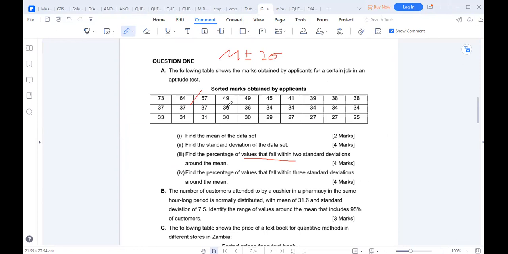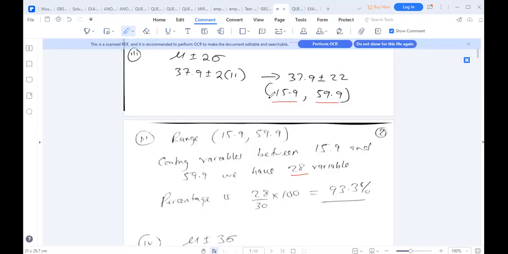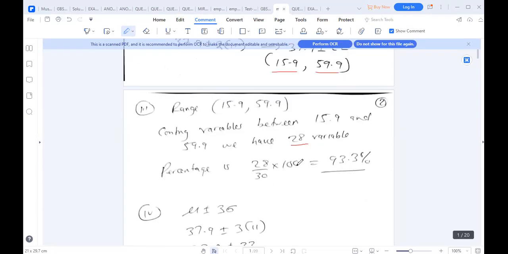All of them are flowing through. So when we go there, they are going to be how many? 28 out of 30 times 100. So we're going to find 93.3% of the variables will fall within that range. Are we together?